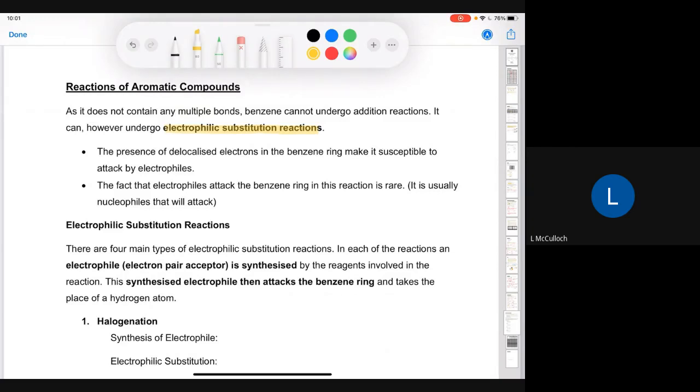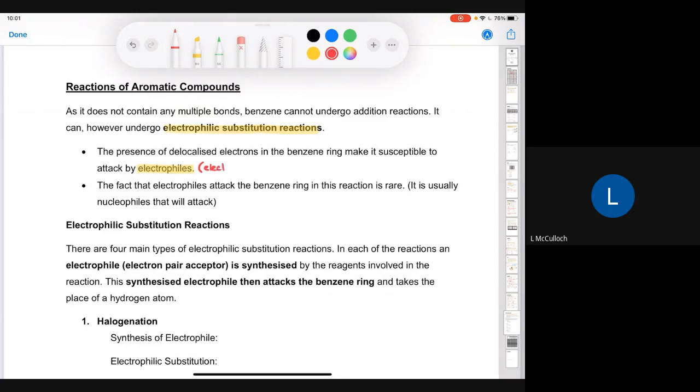So if you've got a question and you've got a reaction happening on a benzene ring, generally it's going to be an electrophilic substitution if the reaction is taking place with the carbons on the benzene ring. So the presence of the delocalized electrons in the benzene ring makes it susceptible to attack by electrophiles. Now, just as a wee reminder, electrophiles are electron deficient or positively charged ions. So I'm just going to write that in, just in case you want a wee reminder.